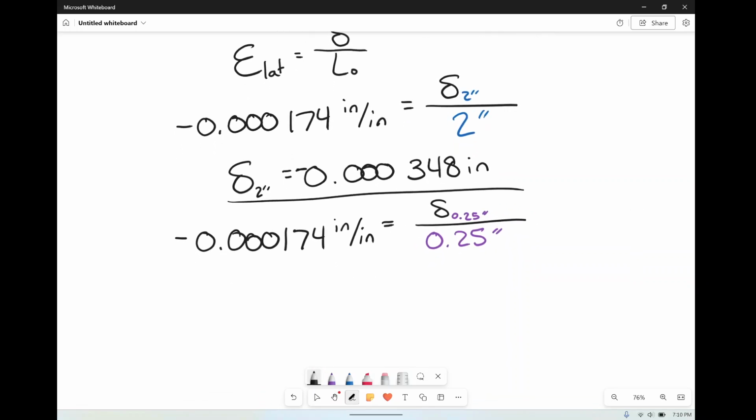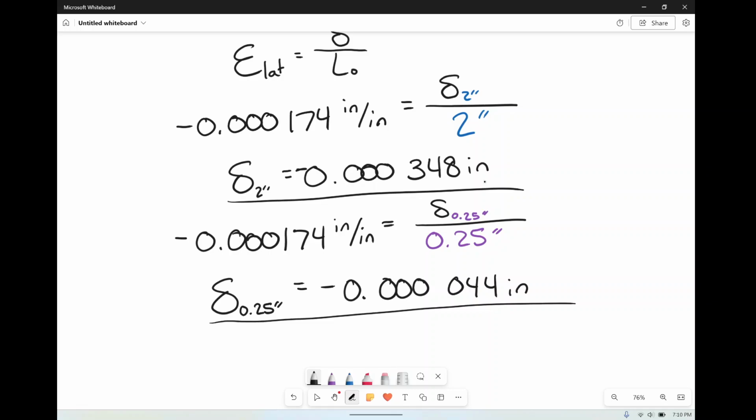And again, all this negative number means is that we are actually getting smaller, so our deformation in the 0.25-inch direction is going to be a negative 0.000044 inches. Yeah, you would expect that if you're only looking at a quarter of an inch, you're really not going to notice much of a change, versus 2 inches. Either way, you're really not going to notice these changes. So both of these are getting smaller.